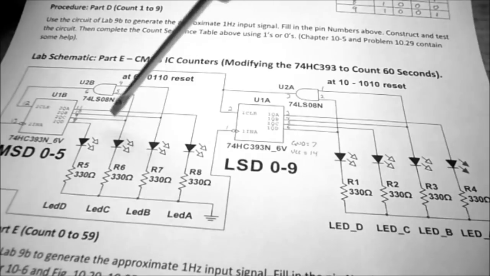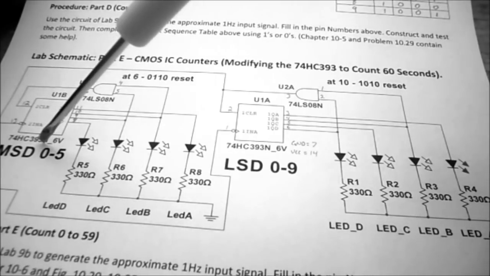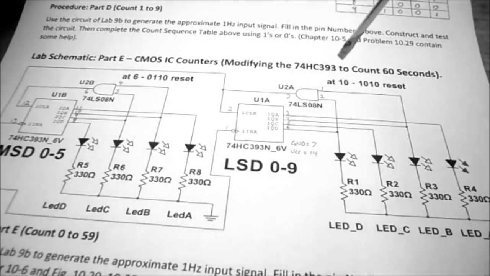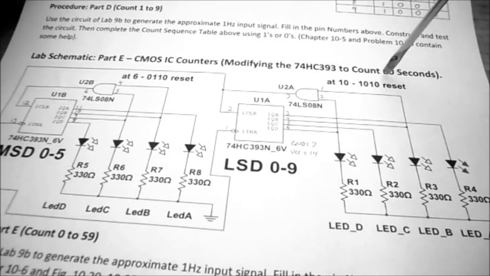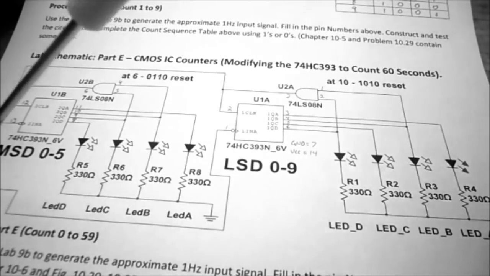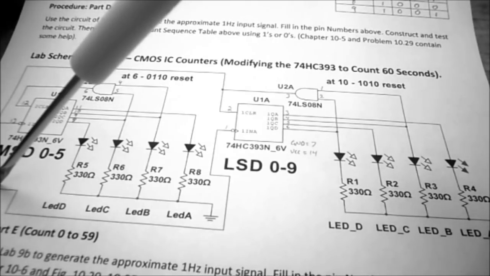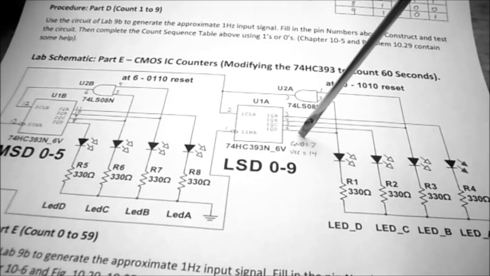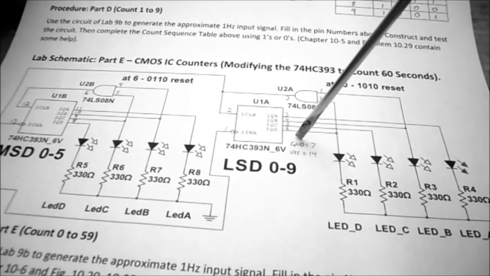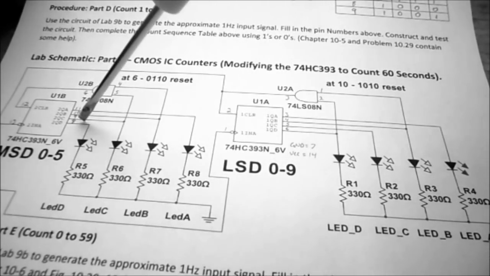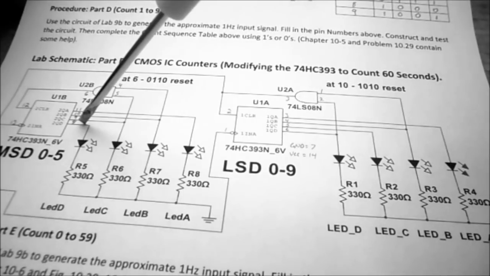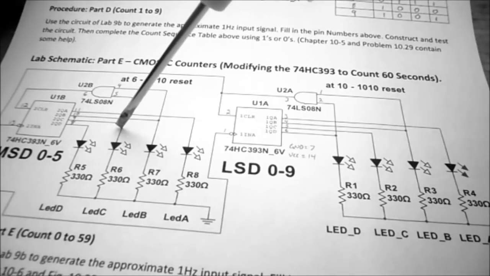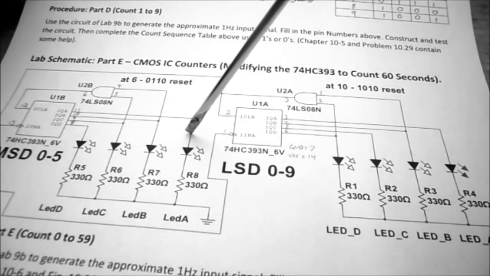So we want this particular counter to count from 0 to 5. We're trying to get a 60-second counter here. So if our clock signal is 1 hertz, this will count 0 through 9, and then this one we want to count 0 through 5. So 5 is 0, 1, 0, 1.